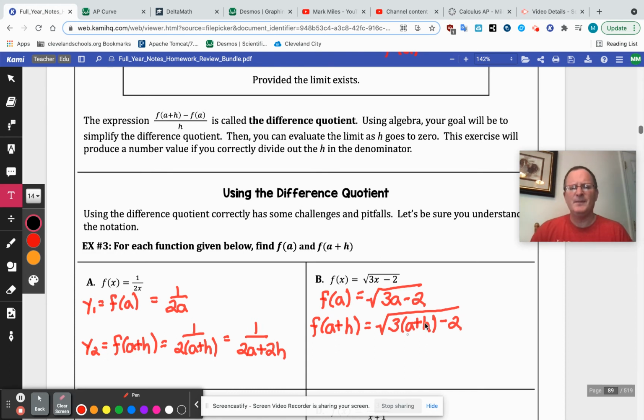Again, if you want to, it's probably fine like that, but I'm just going to go ahead and distribute there. So I have 3a plus 3h minus 2, and there we go. I bet she leaves it like that. But either way, we're good.